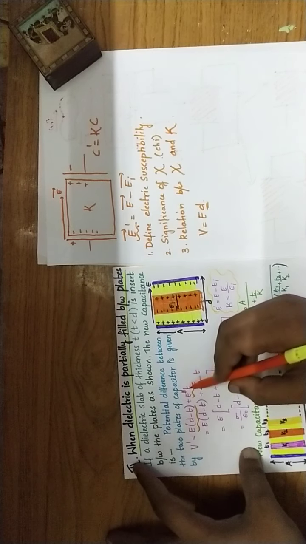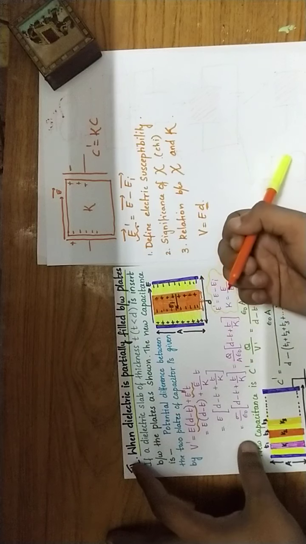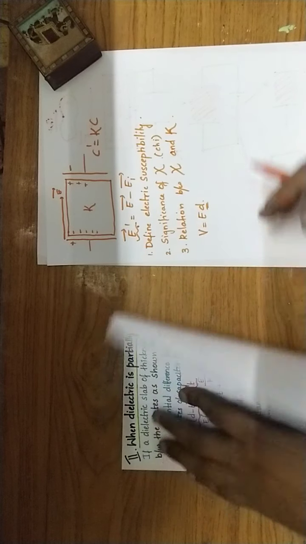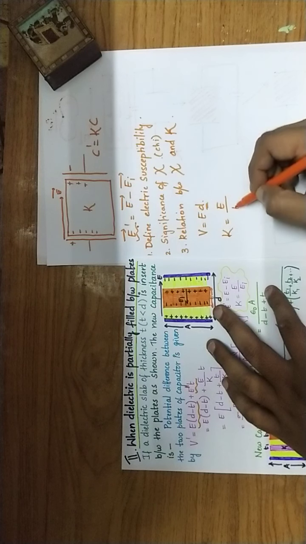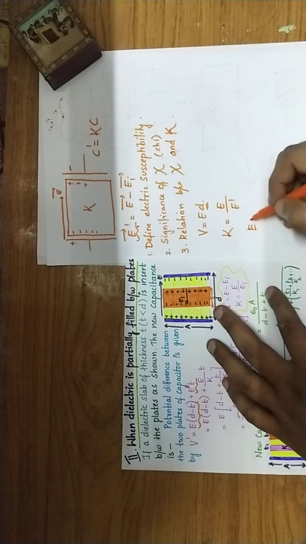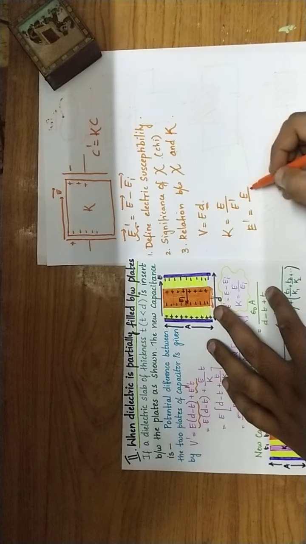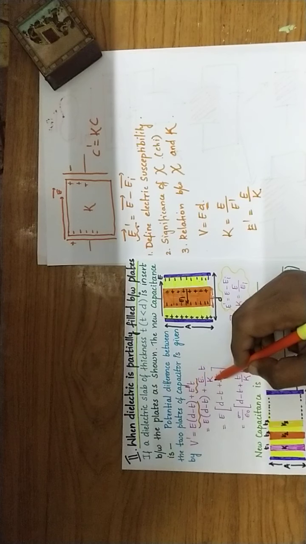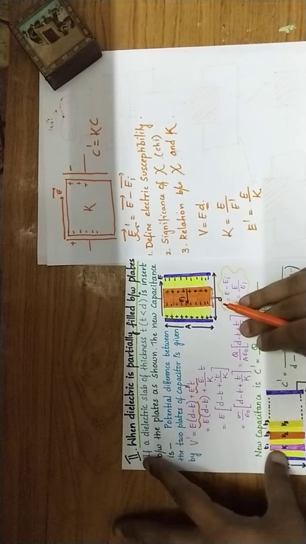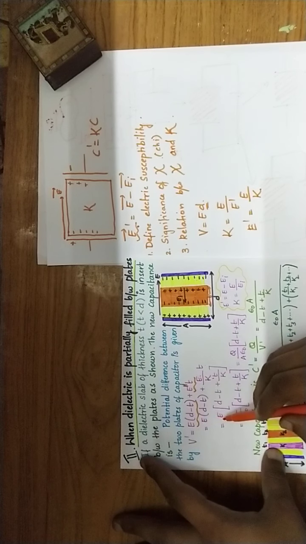As we know from the previous formula, kappa can be written as the original field by the reduced field, so the reduced field is the original field by kappa. In place of E prime we write E by kappa into T. Then E is common here.